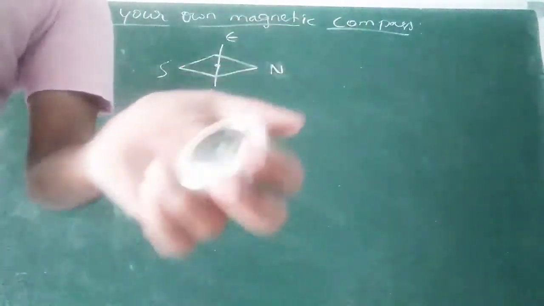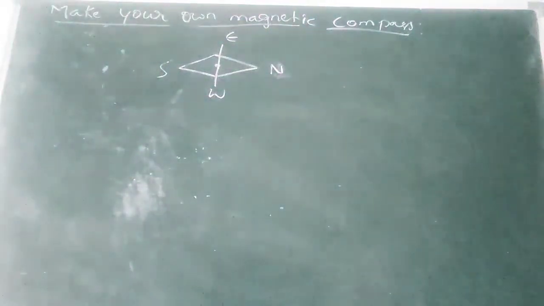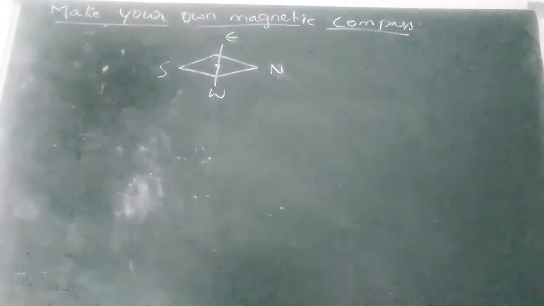So if we don't have this magnetic compass, we can also prepare our own magnetic compass. So let's check how we can do that.